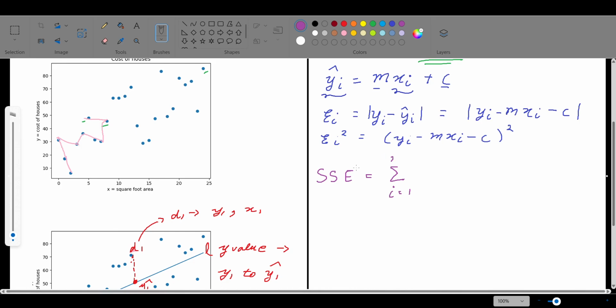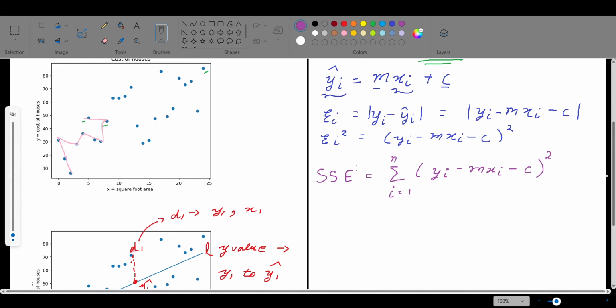Let's represent the number of data points with a variable n. So we're saying the actual value of y is subtracted by m xi and c, the whole squared. Now we have this equation.